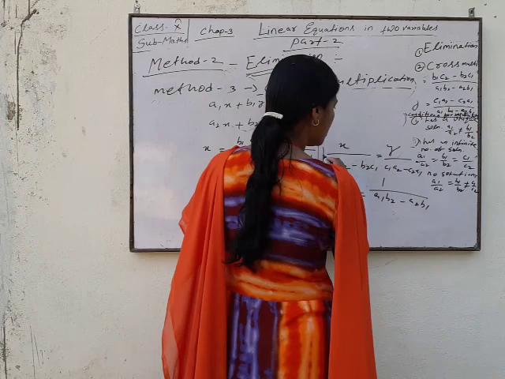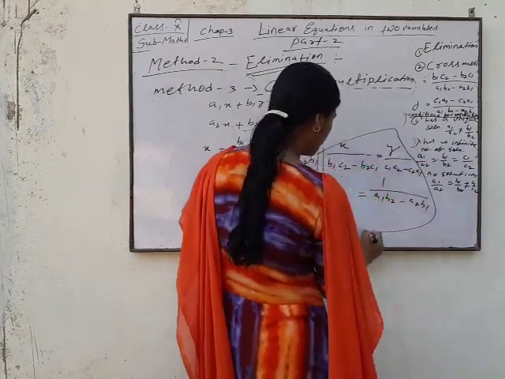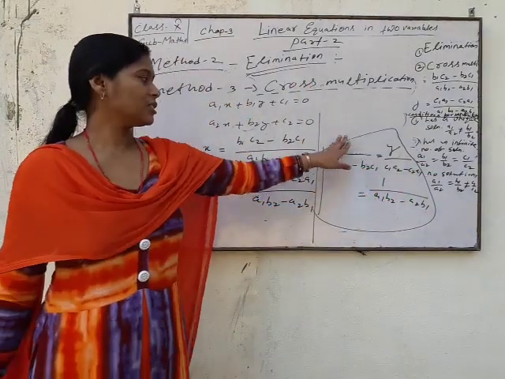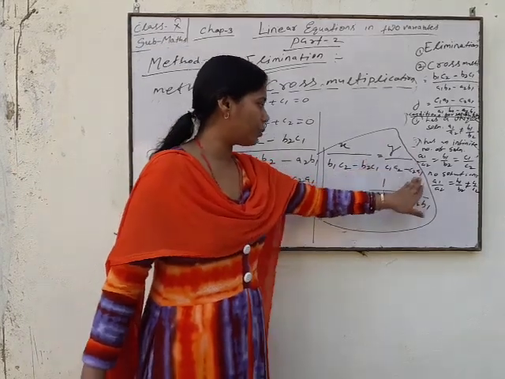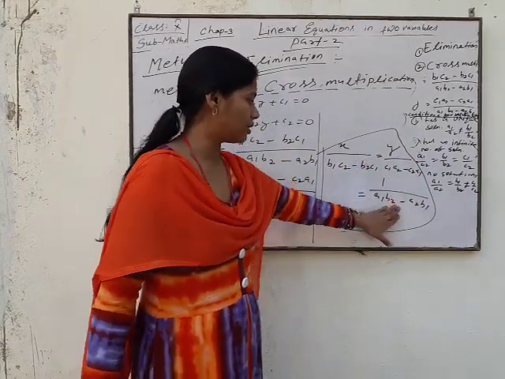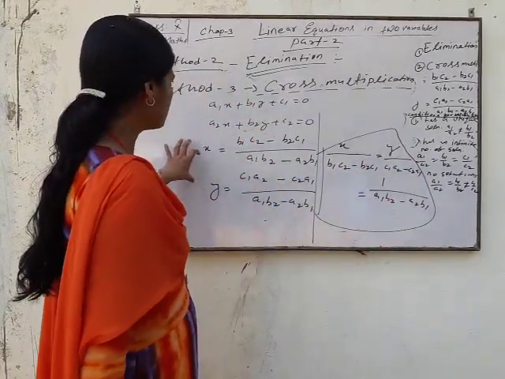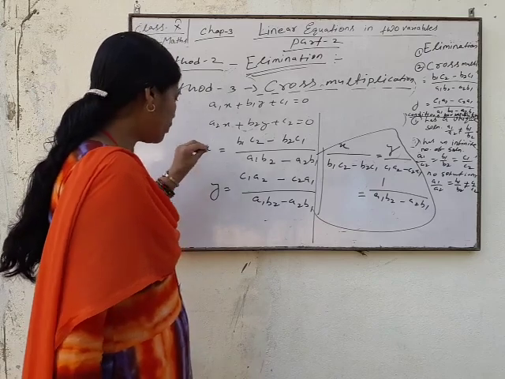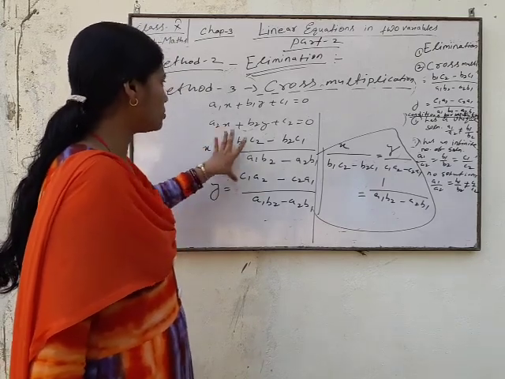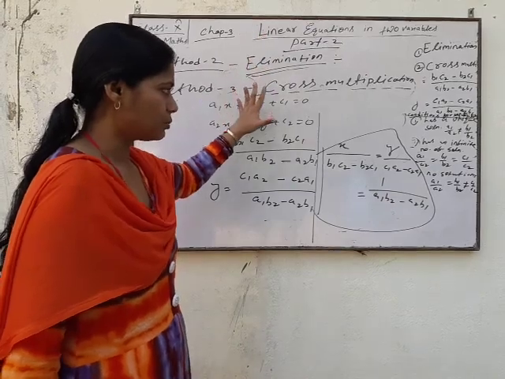This is an easy way to remember. x by this equals y by this equals 1 by this. We can show how the values of x and y equal this by using the elimination method.